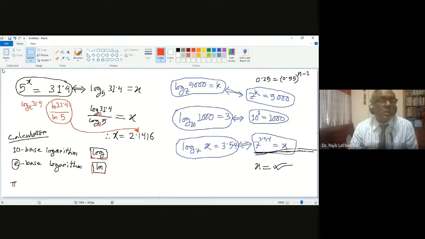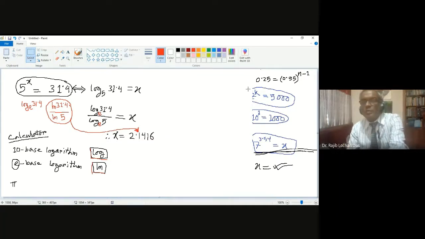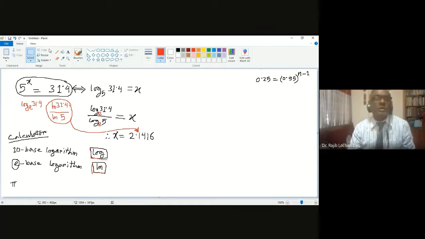Now you can use this concept in the last class problem. Let us go to this problem and solve it. What will you write here after this line?